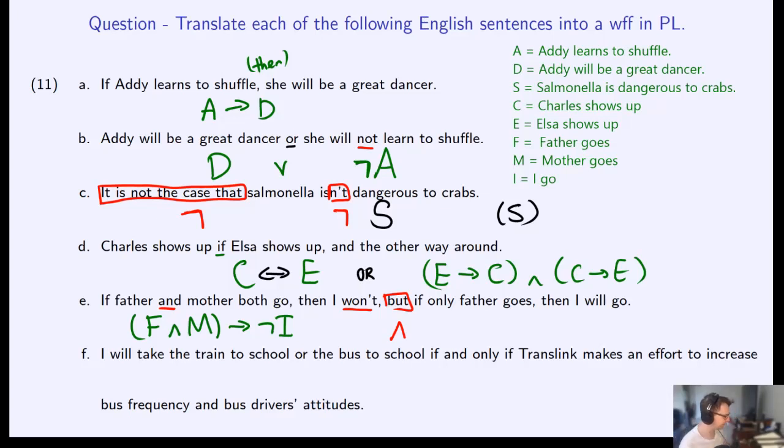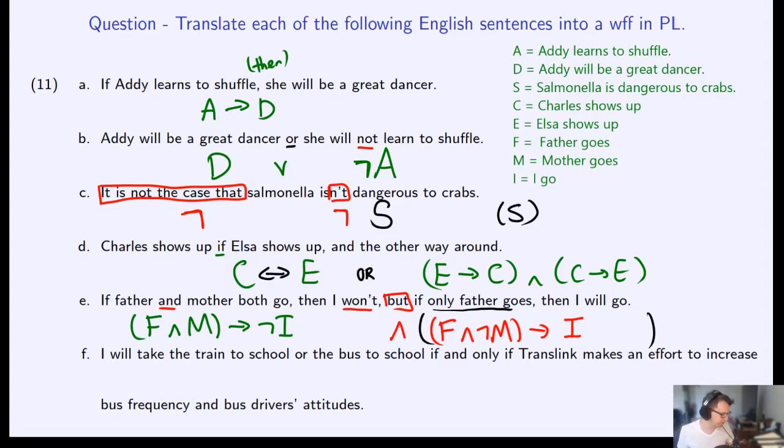If only father goes, I will go. How should we translate this one? If only father goes and mother doesn't go. Yeah. So what we should do for this one is we should say if father goes and mother does not go. So if F and not M, then I go. So yeah, F and not M.